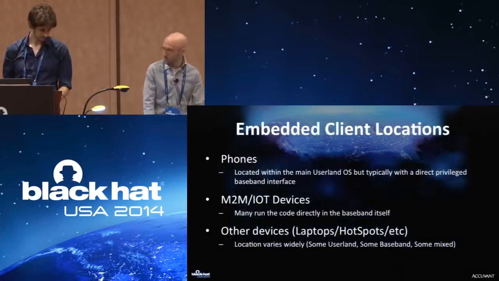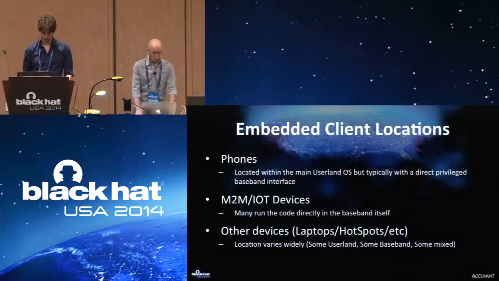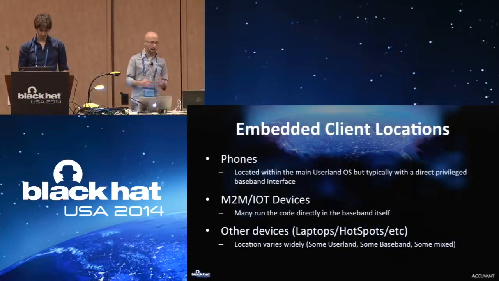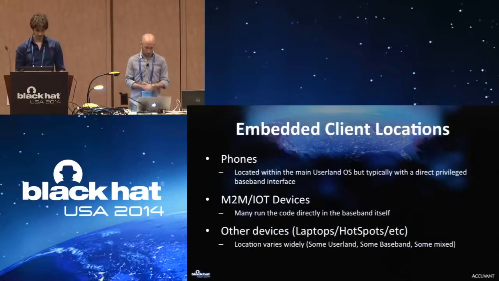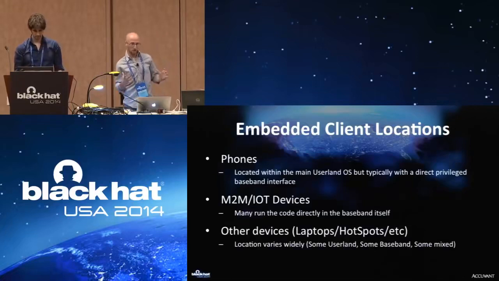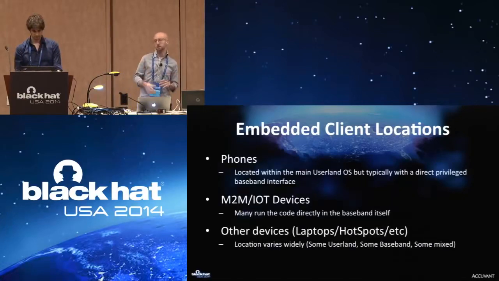So, embedded client locations. We're going to talk about where the code actually runs. Pretty much on phones, this code lives in userland, mostly. We have a component living in userland that usually has a direct-to-baseband interface, though, with privileges much higher than any standard app would usually have.